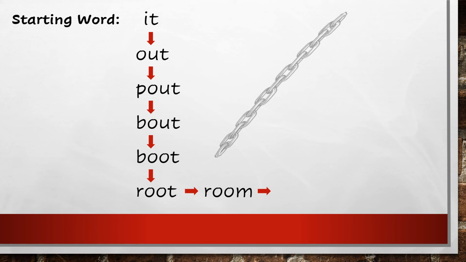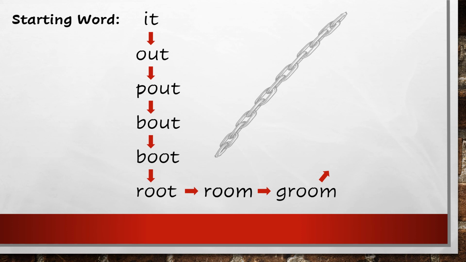Go ahead and do that on your paper. To change room into groom, we're just going to add a G on the front. So groom is G-R-O-O-M. Groom. After you have that, you can draw another arrow.